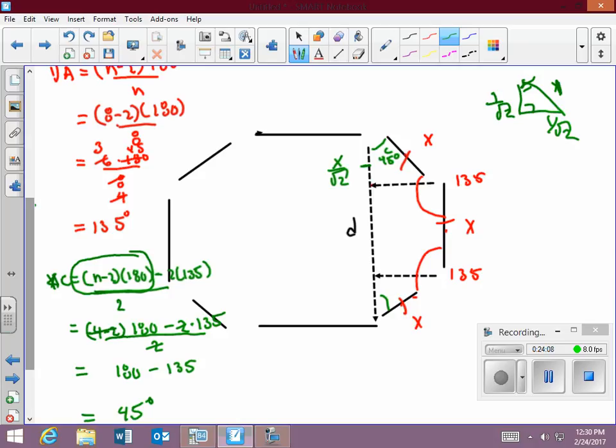So that side is x over the square root of 2, this is x over the square root of 2, and this distance right here is x.